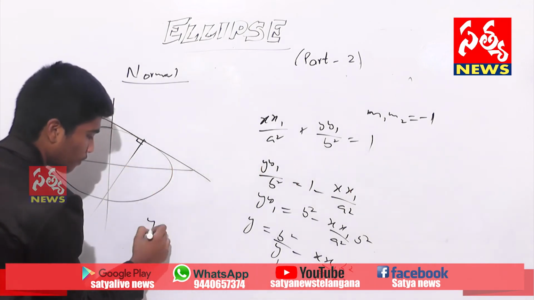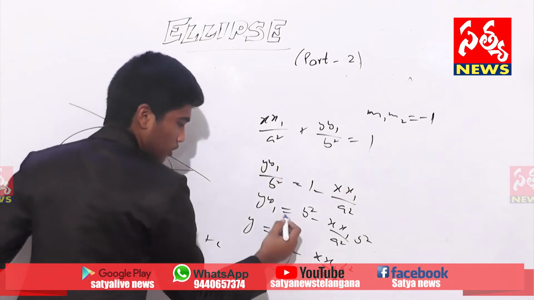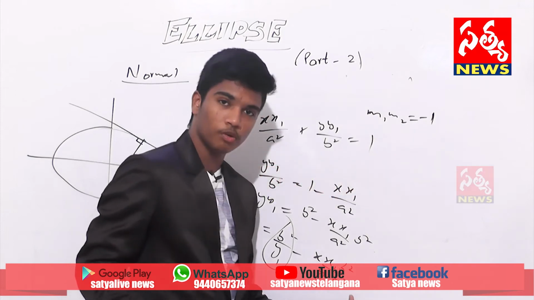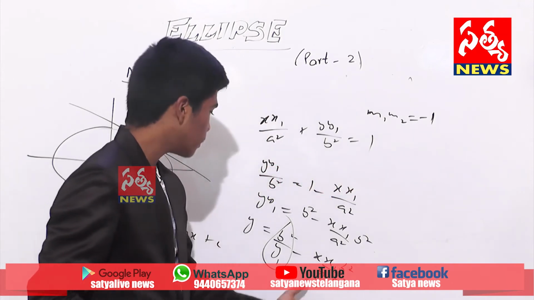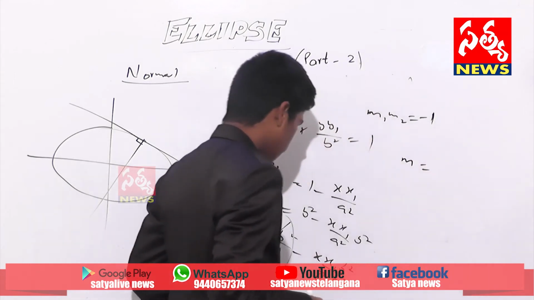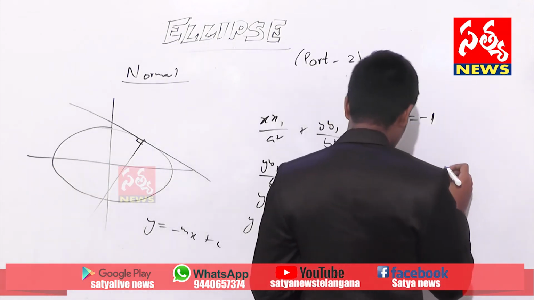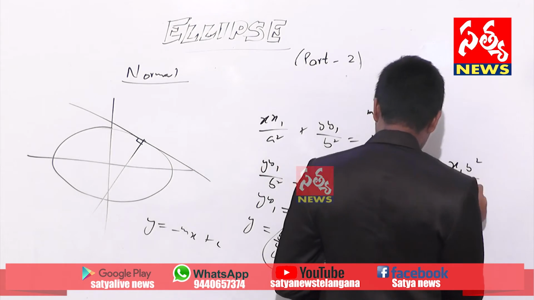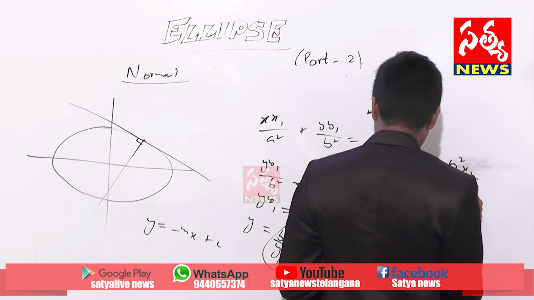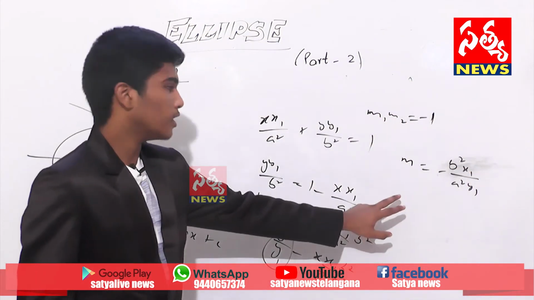See, this is in the form of y = -mx + c. This is a constant, this is x, and the whole term b² x1 / (a² y1) is the slope, so m = -b² x1 / (a² y1). This one is m1, the slope of the tangent.